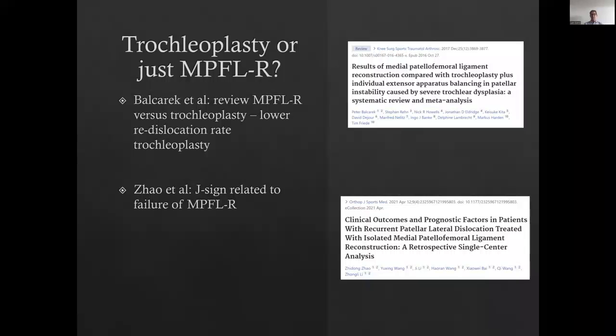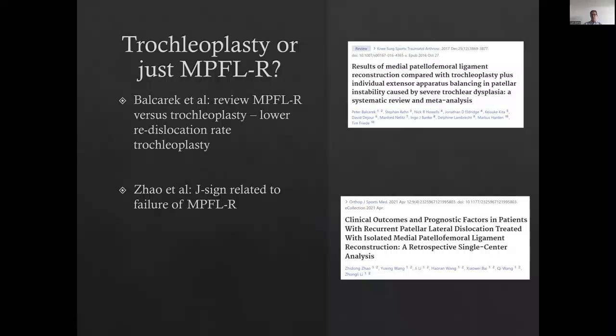Balcerek, he did this review and found that there was a lower redislocation rate if you did trochleoplasty compared to MPFL reconstruction. And Zhao, he found that if there was a positive J sign, and a J sign can be seen in trochlear dysplasia, they tend to have redislocation.